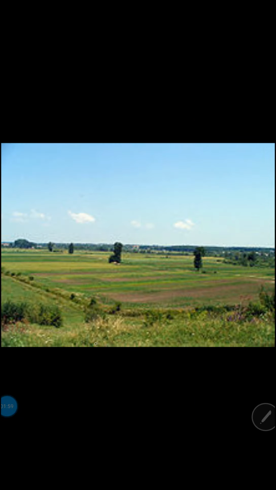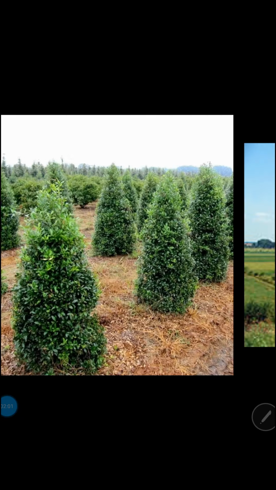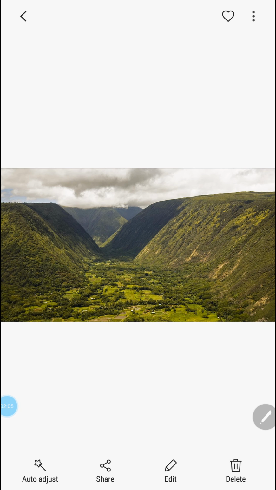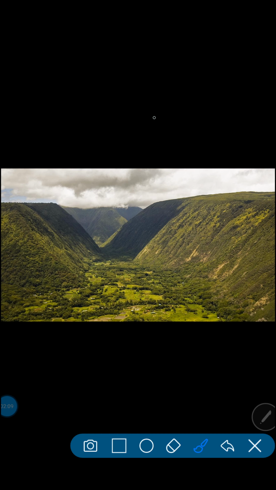Look, we have many trees and plants. Also, valleys are lowlands and flat. Look, flat land. But the valleys are between mountains or hills.